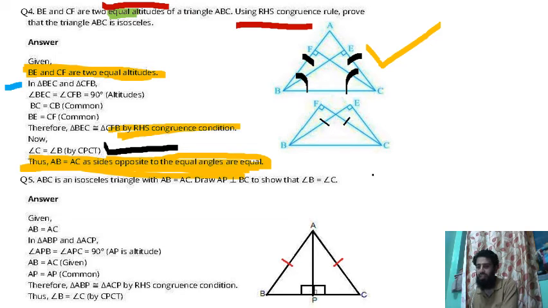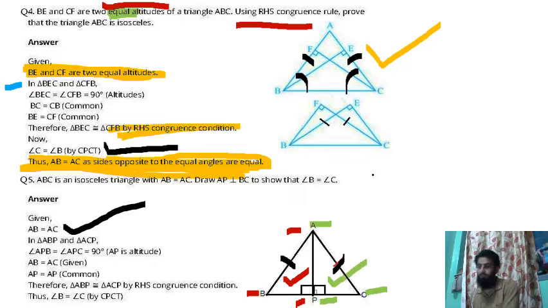So what I have written: given AB is equal to AC, this side AB and this side AC are equal, it is given to us. In triangles ABP and ACP, I have chosen two triangles because when we draw the perpendicular, it divides into two triangles. First is ABP, which is this triangle, and the second one is ACP, which is this triangle.